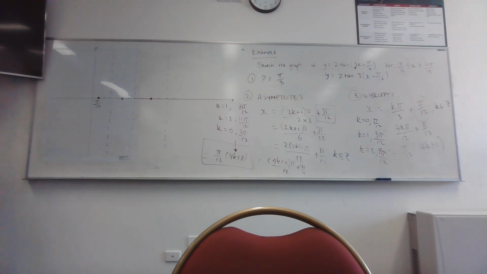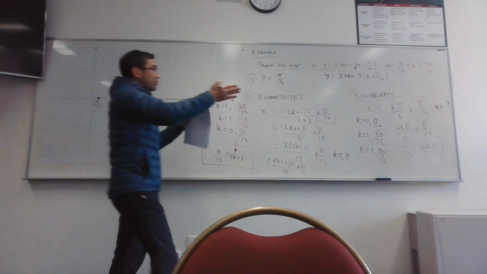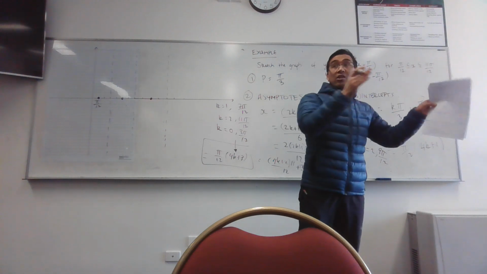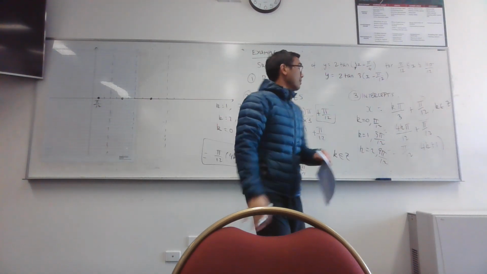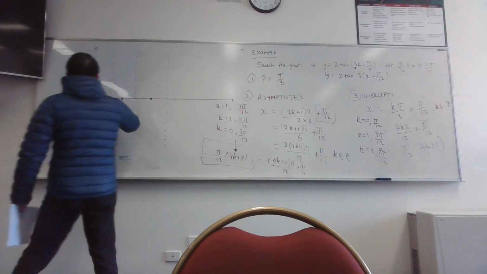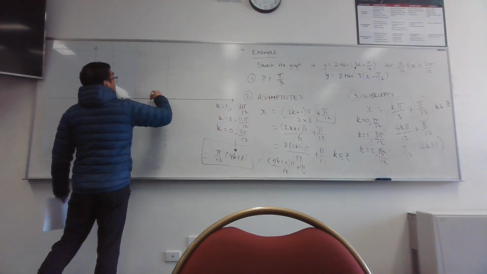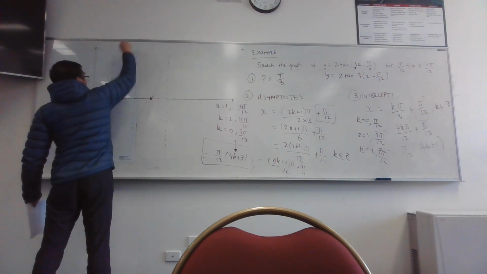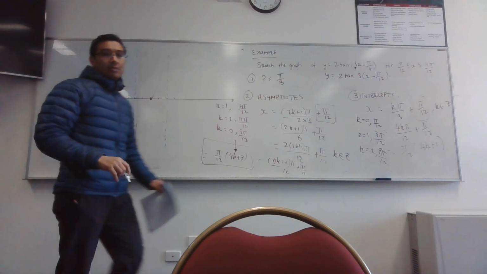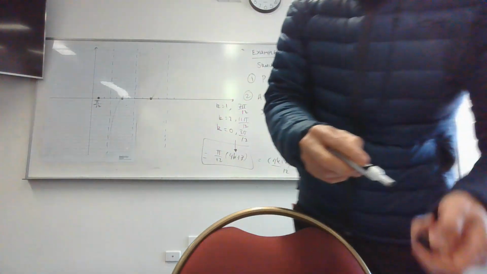Okay? Even if it's just left or right, all the asymptotes are doing line dancing. They all like to line up nicely. Okay? So we'll do this. Because it's a positive, swing, swing, up and down.